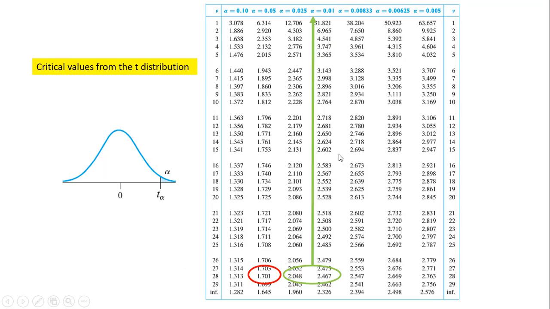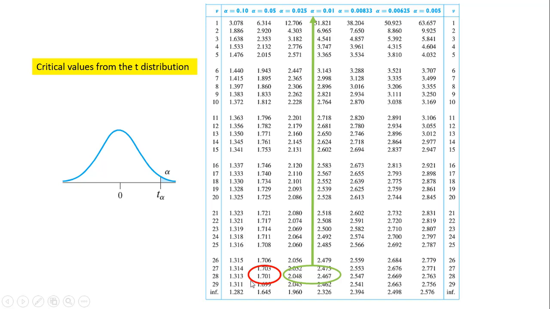The values for the t-distribution are only given for the right tail, but we have to keep in mind we're working on the left tail. So we think in terms of 2.186 here. 2.186 is between these two values, right? We stick with 28 degrees of freedom.